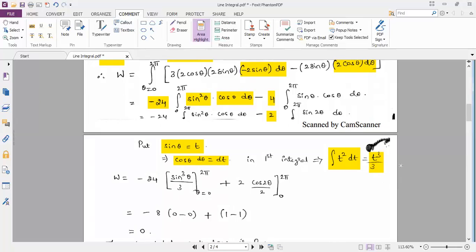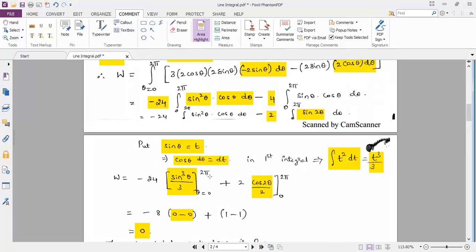Using the same expression t is sin theta, we get sin cube theta divided by 3, applying the limits between 0 to 2 pi. Similarly, the second integral is the integration of sin 2 theta, which is minus cos 2 theta divided by 2. So the outside minus becomes plus, and applying the limits, upper limit minus lower limit, we get the answer as 0, recalling the standard values of sin 2 pi.